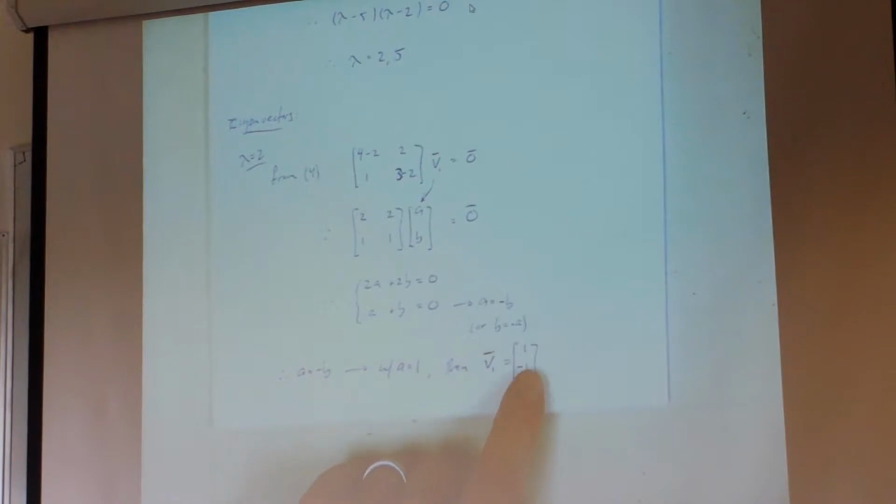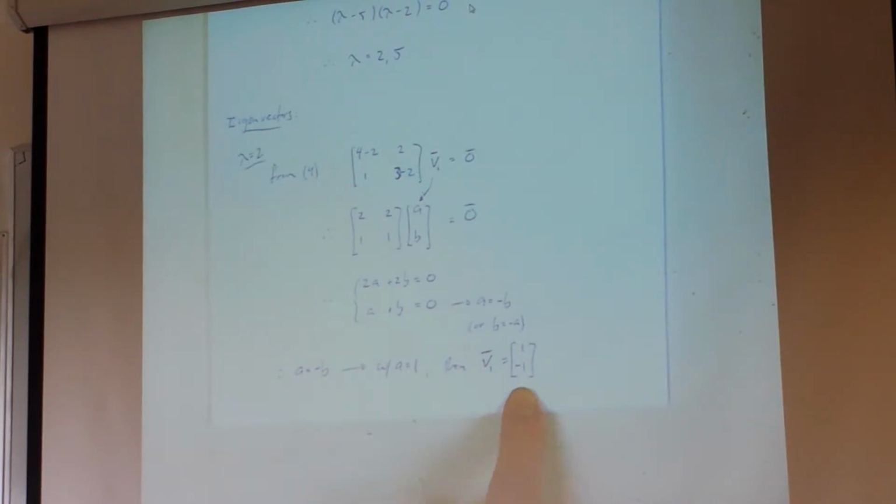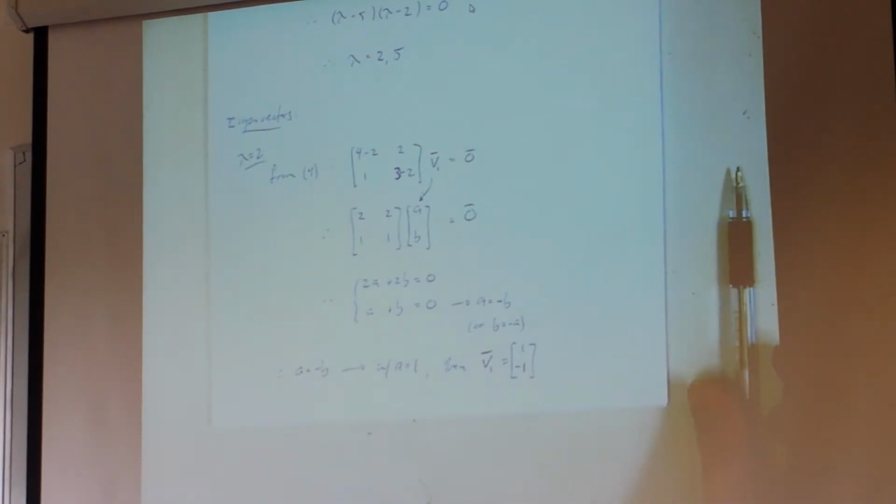If I chose 10 for A, B would be negative 10. But they'd all be scalar multiples of this vector, so essentially the same vector, just scaled. They'd all be parallel. So we could pick the simplest one, and any constant multiple, when we throw this into the general solution of the system, there's going to be constant multiples times our solution. So it doesn't matter what multiple I choose.